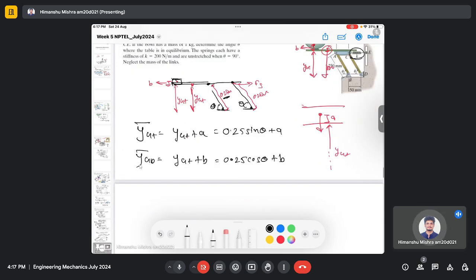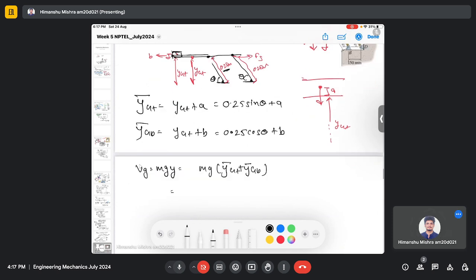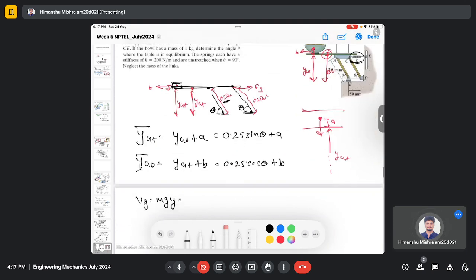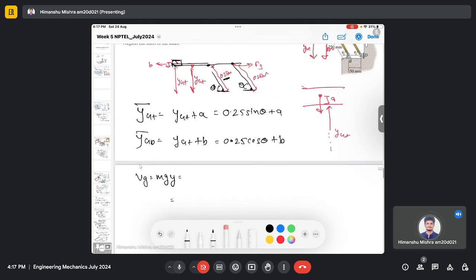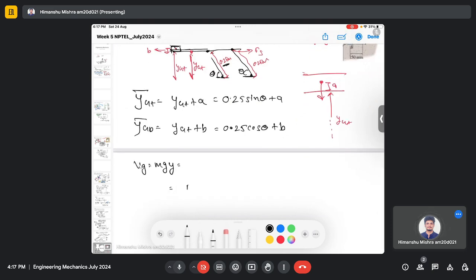So the potential energy due to gravity is mg y bar. Because we have a different mass system here, the mass of the bowl is 1 kg and the table is 5 kg, so I should write this as m_b g y bar_b plus m_t g y bar_t.